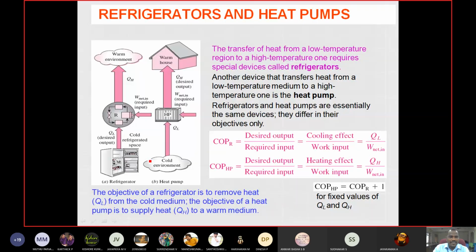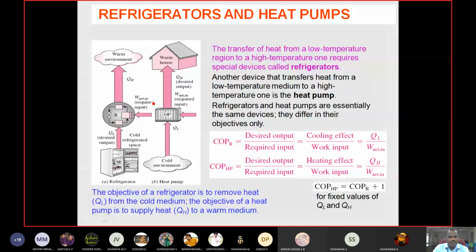Then these are the schematic diagrams that will show you the refrigerator and heat pump. In the first figure, we have the refrigerator diagram. Then in the second diagram, we have the heat pump. The thing is the same, but the components involved in these two will be different, right? We can look at what is a refrigerator and what is a heat pump.